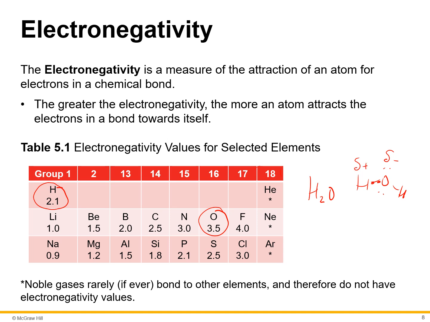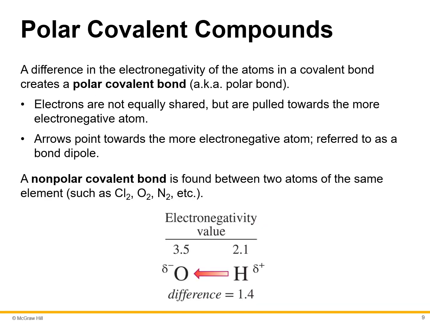We saw this a little bit when we were talking about IR radiation, how if you have a dipole moment, it can absorb some of the IR energy. If there is a dipole moment, we can call this a polar covalent bond.